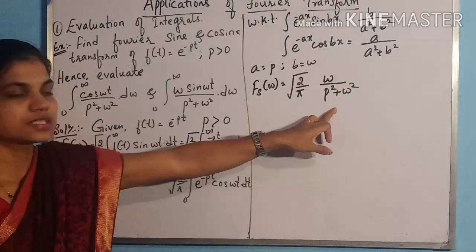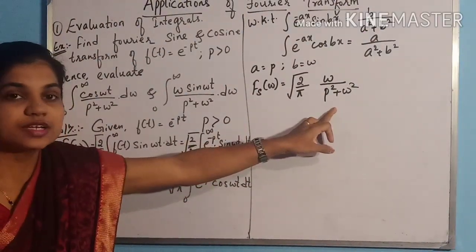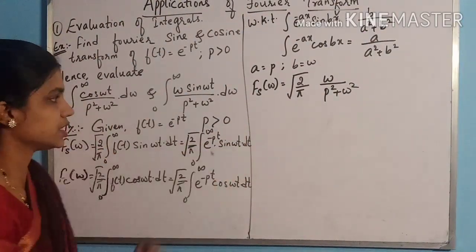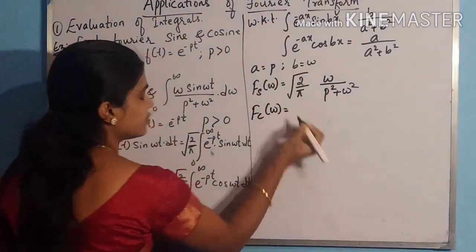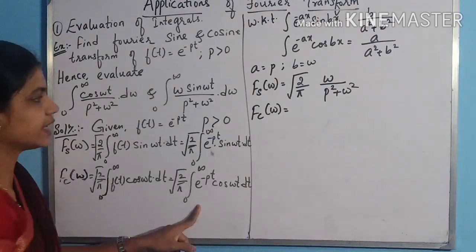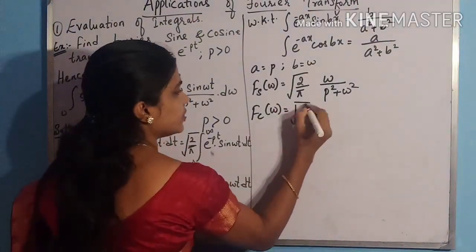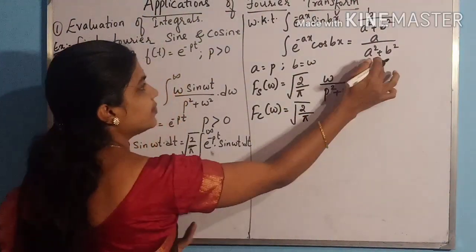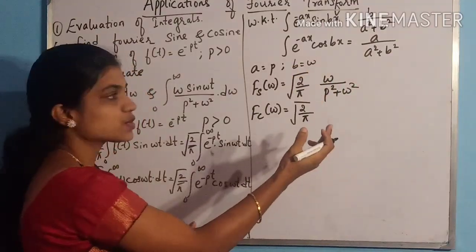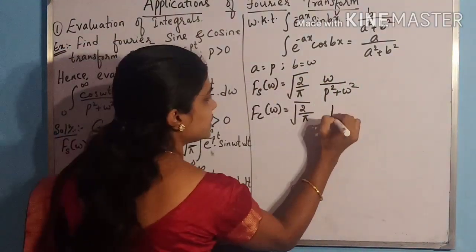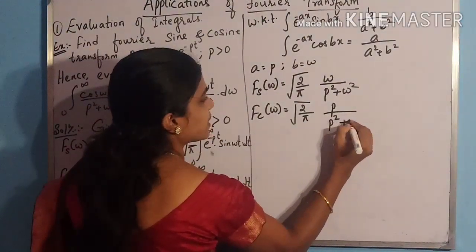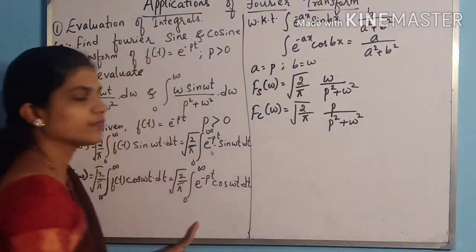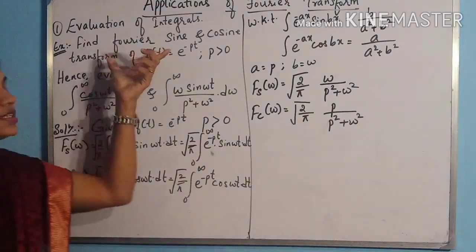So this is the Fourier sine transform of f(t). Similarly, the Fourier cosine transform of f(t): here we have again root 2 by pi, and we have a divided by a² plus b². So a is p, divided by p² plus ω². So the first part is over.